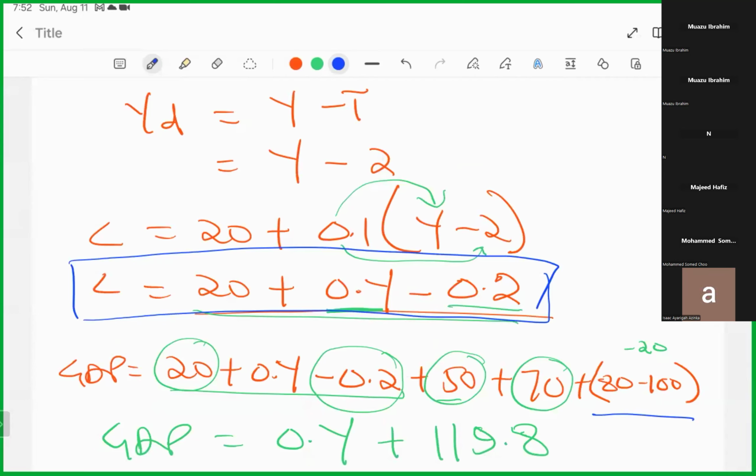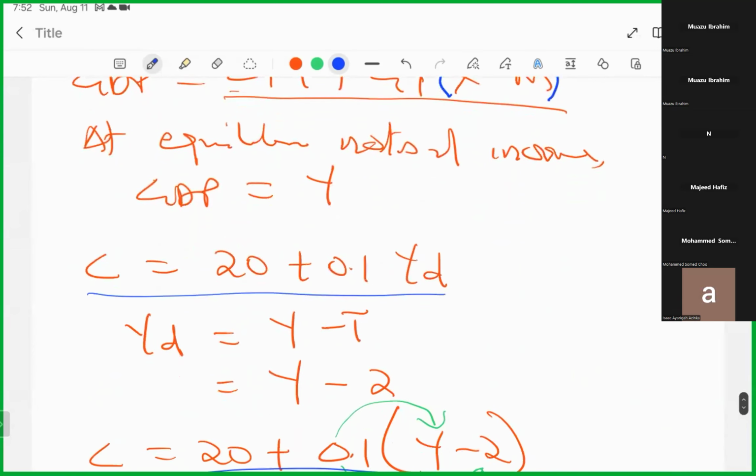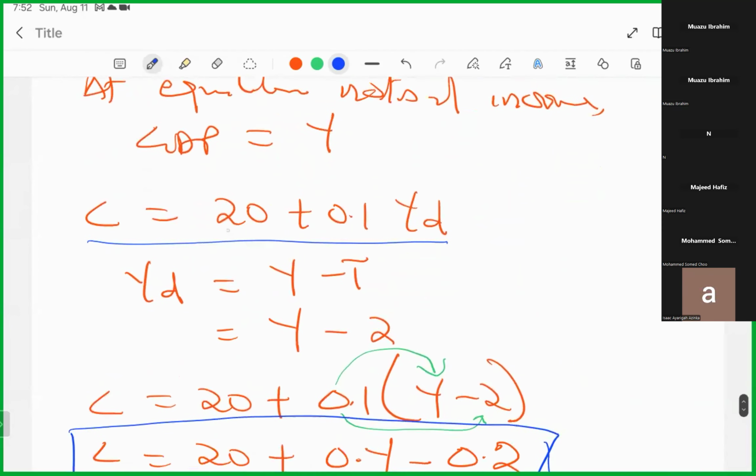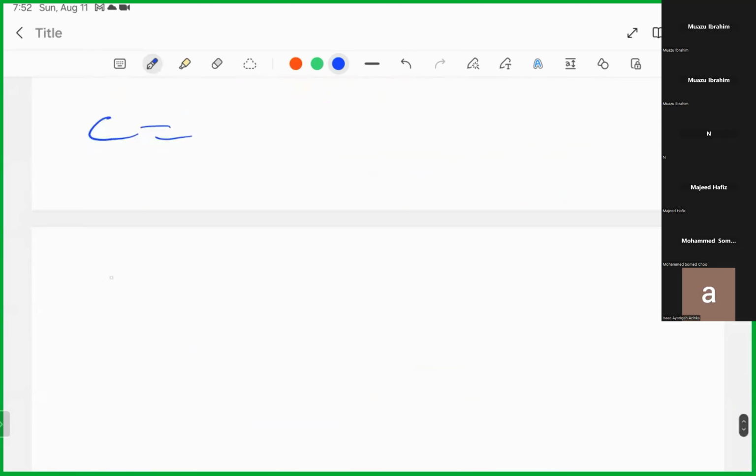So if I ask you to find the consumption, we now know y, even from here we can get it. So the entire consumption function will be 20 plus 0.1 YD, and we know y, and we know tax. Remember, let me just do it. Finding the consumption.